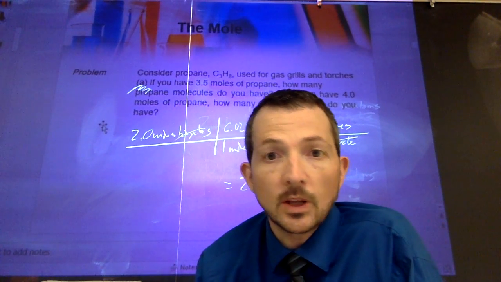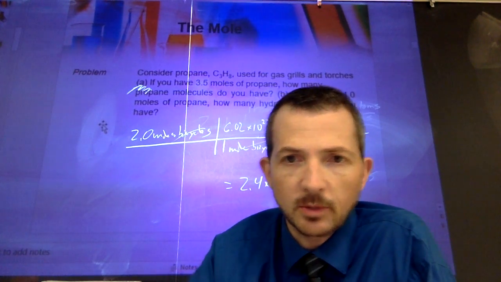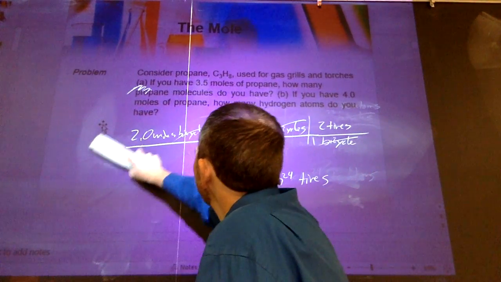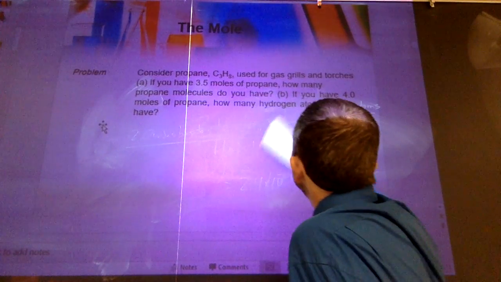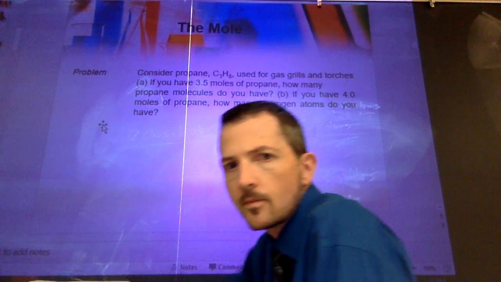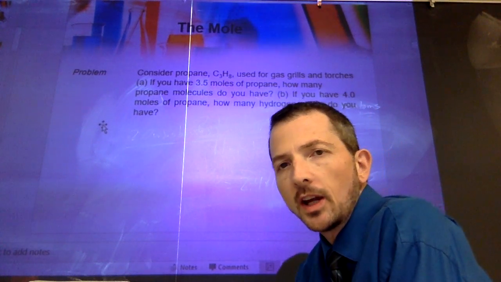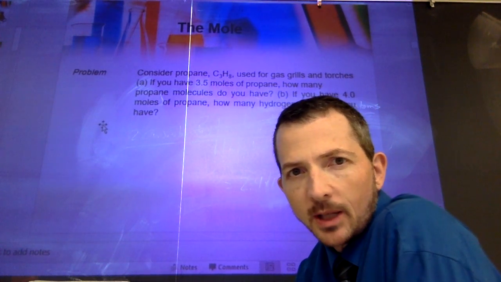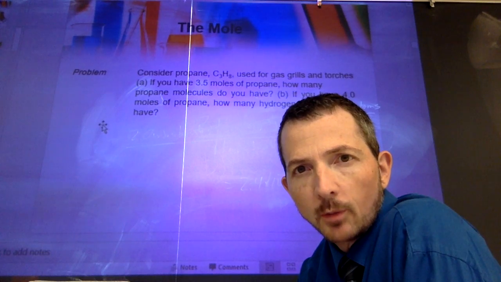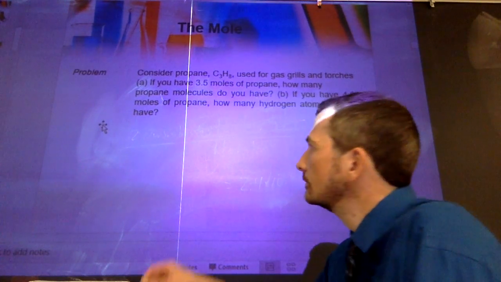So let's go ahead and apply it to some chemistry. Consider propane, C3H8, used for gas grills and torches. If you have 3.5 moles of propane, how many propane molecules do you have?